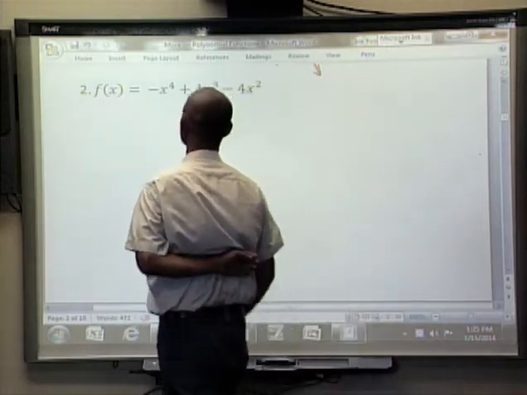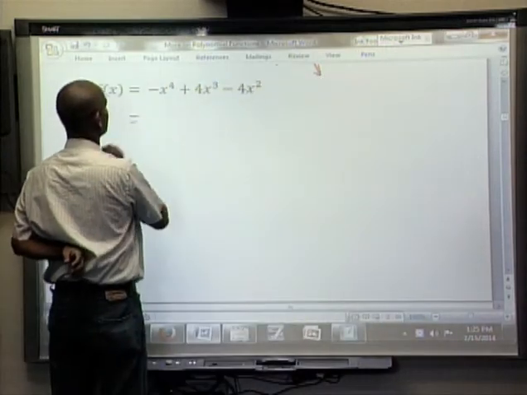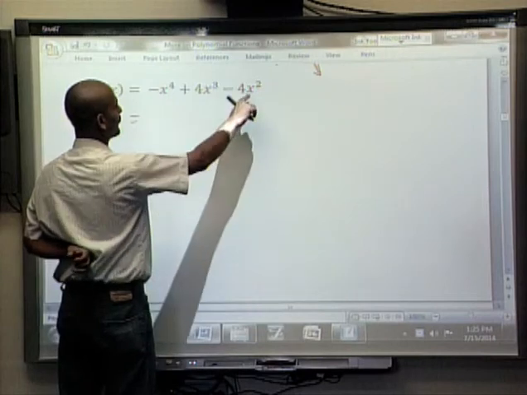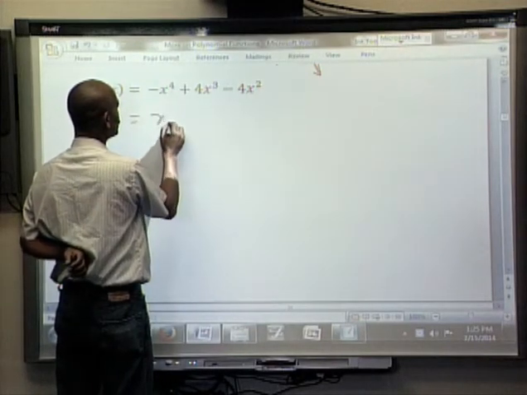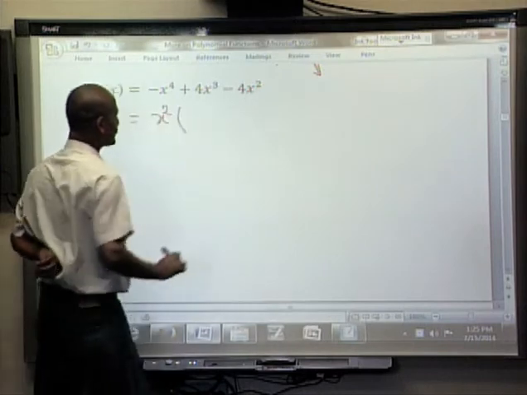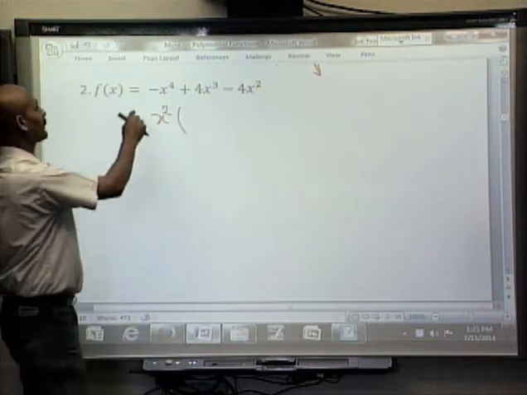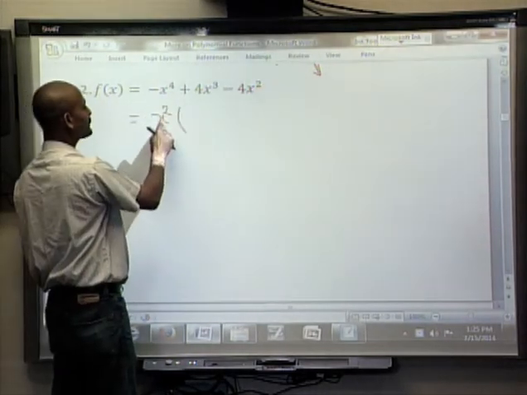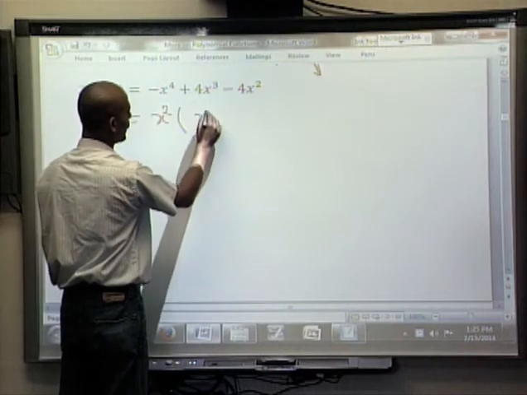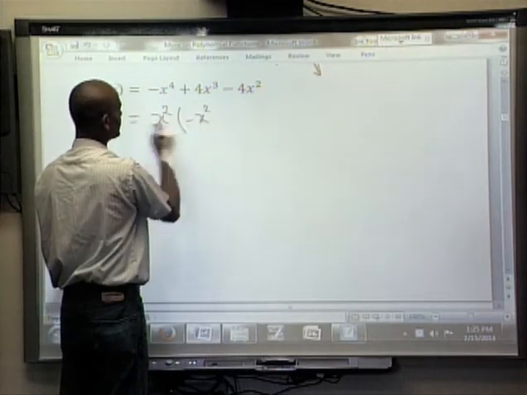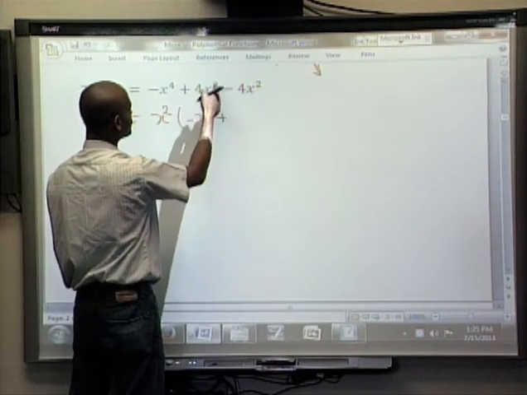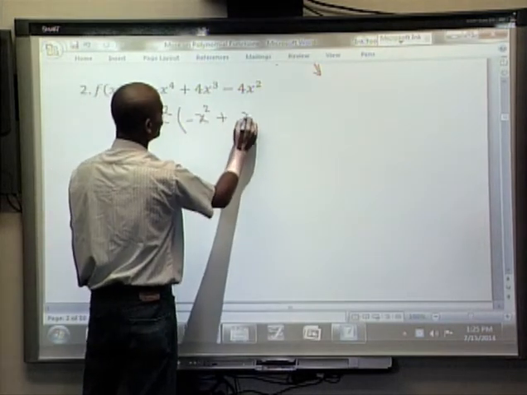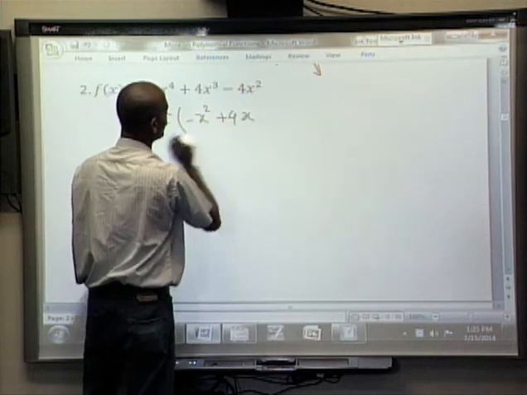In order to factor this polynomial, we will factor out the largest common factor. Here is x square, here is x cubed, x to the 4th. So, we can factor x square out of everything. From x to the 4, x square is taken out, x square is left, minus remains minus, plus remains plus. From x cubed, x square is taken out, 1x is left, 4 remains 4.